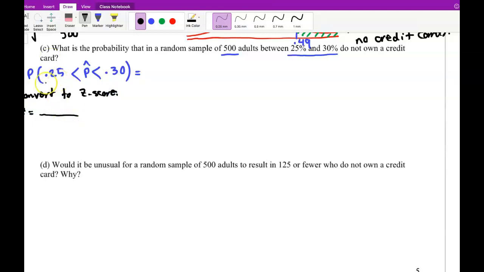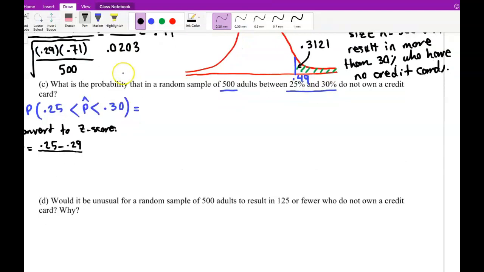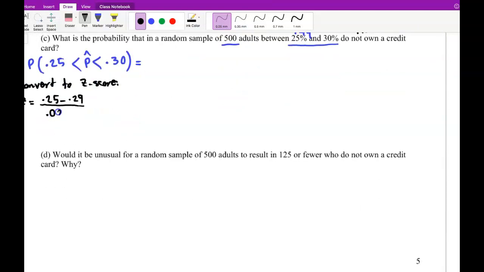First, for 25%, p hat minus p is 0.25 minus 0.29. This is from the previous part, 0.29 was given, divided by the standard deviation from the previous part, which is 0.0203. So that is equal to negative 1.97.